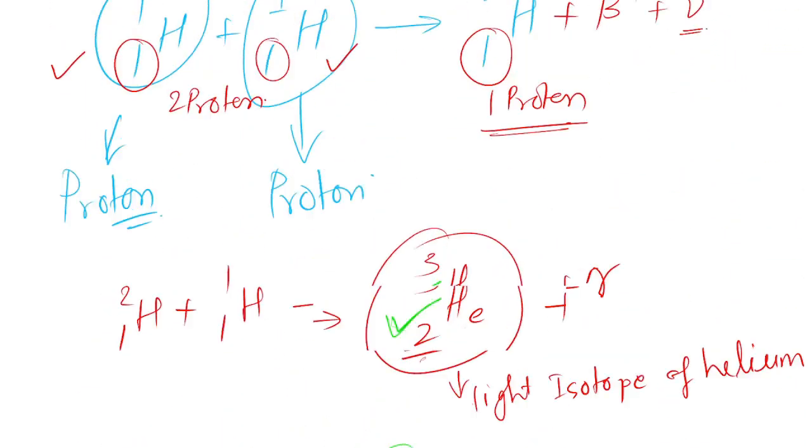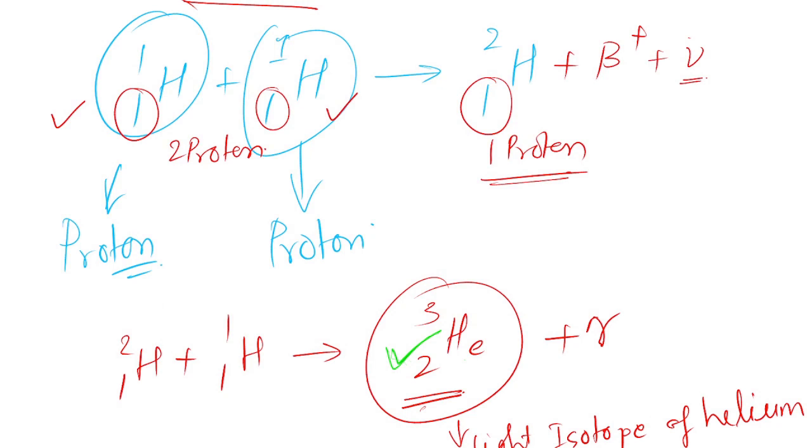So a very interesting thing you can see here. In this whole reaction, if you start from here, one hydrogen, plus one more hydrogen, that is 3 hydrogens took part to form a helium isotope, right?